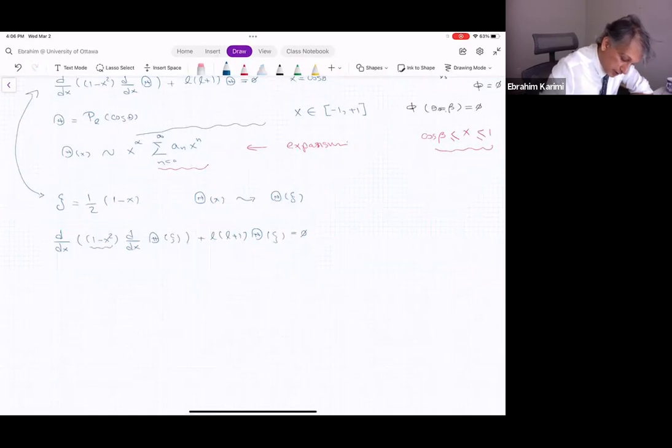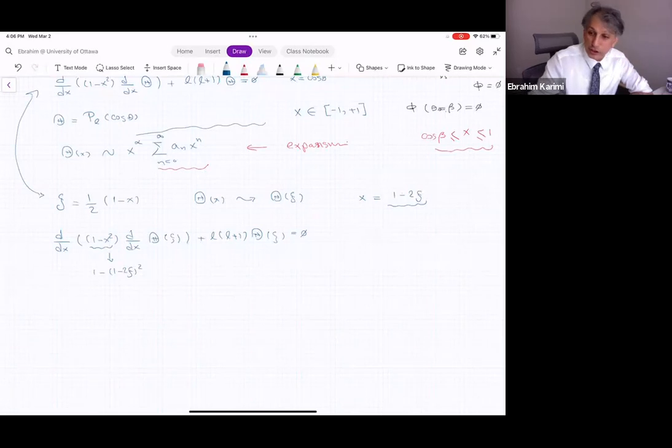1 minus x squared: let's find x from this expression, which will be 1 minus 2 zeta. Then you can replace it here. I will get (1 minus 2 zeta) to the power of 2.